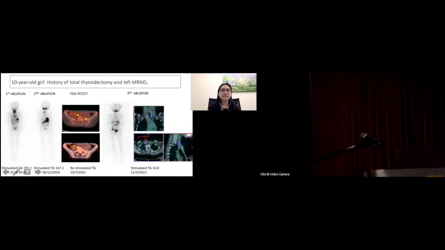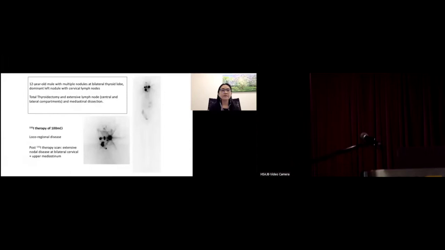Stimulated TG at this time is coming down to 16.9. So in conclusion, there's a residual iodine-avid disease in the right lower thyroid bed and FDG-avid left sacroiliac metastasis. In view of the stimulated TG showing a significant reduction without detectable anti-TG antibody, there is overall improvement in the disease burden.